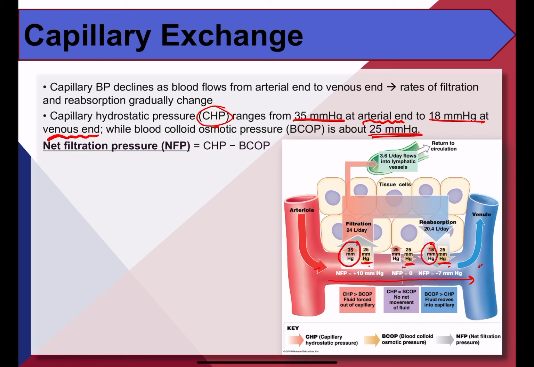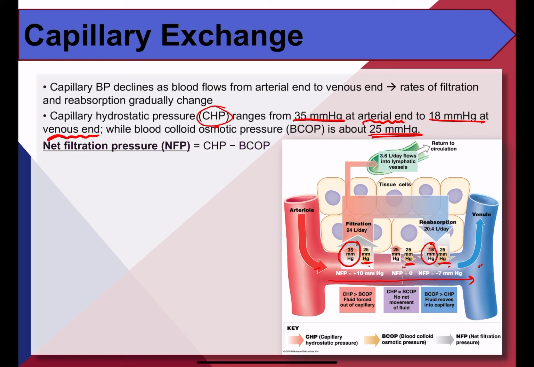We went with 35 to 18 and 25 mmHg for BCOP because that's what the book tells us. In other videos online, there can be slight changes in these values. So never mind the numbers in other supplementary videos or videos you find online on YouTube explaining capillary exchange.